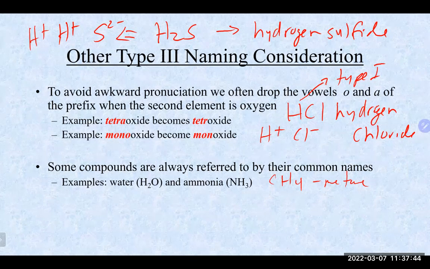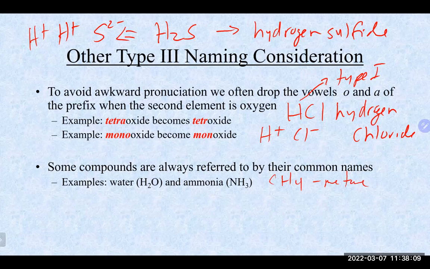We think of it more like a cation with a positive 1 charge, even though technically HCl shares electrons, like we drew Lewis structures the other day. But when they go into water, they act almost like a cation, so they're named that way. If these were gases, they would still be bonded together. So hydrogen is kind of a weird exception.